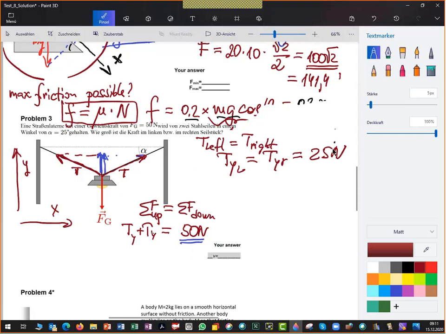Seeing it mathematically, we have two vectors, and each of them is equal to 25. If you add two vectors, they add head to end, right? And the resulting vector will be 50 Newton.